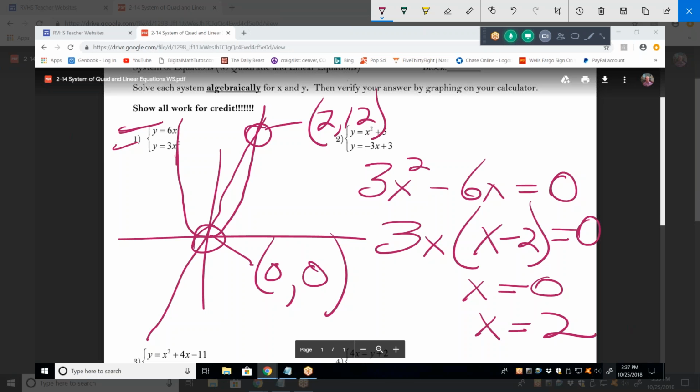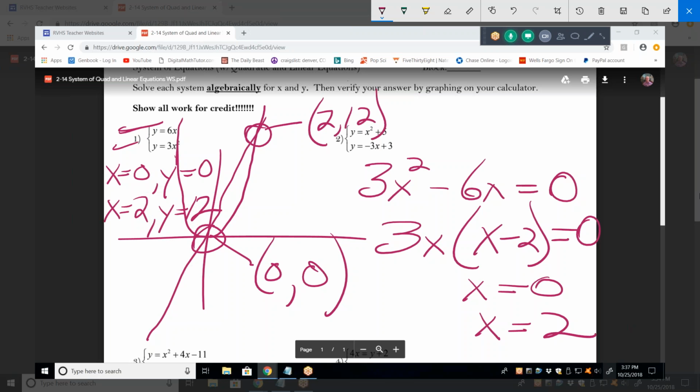In other words, they want you to solve for x and y. So on this first problem, x equals 0, y equals 0. That's one solution. Second solution is x equals 2, y equals 12.